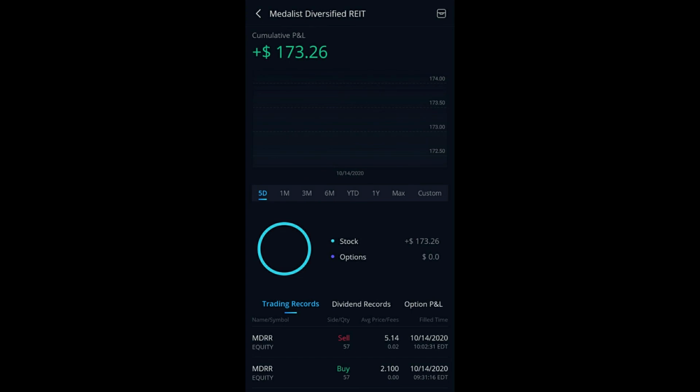When I bought it, it was 10/14/2020 today, and I sold at 10/14/2020. If you look at the time difference, I bought it in at 9:31 and I sold at 10:23. So you can see that I only been in the market for about an hour, right?